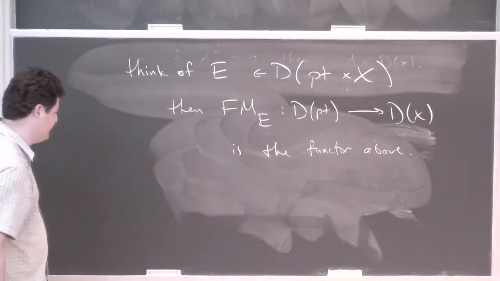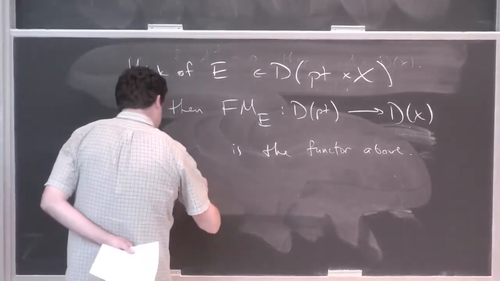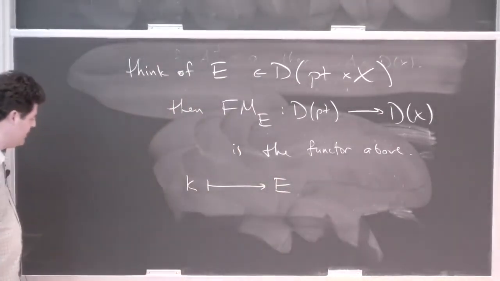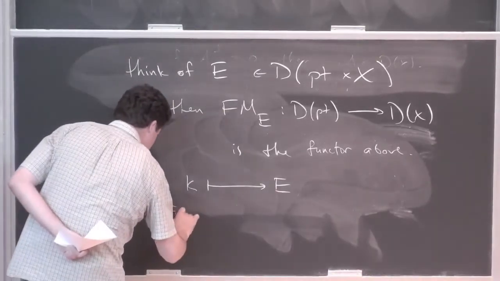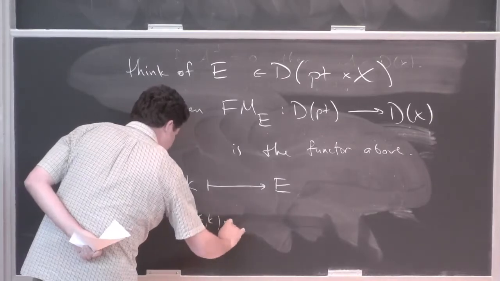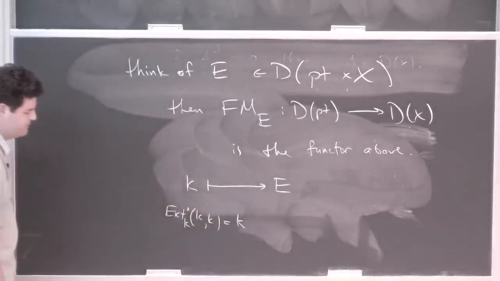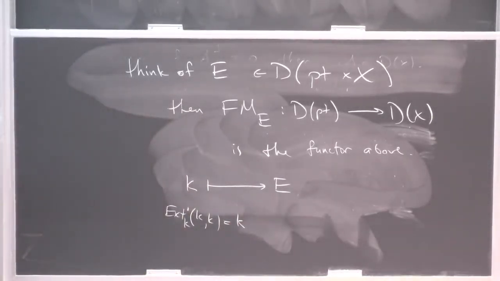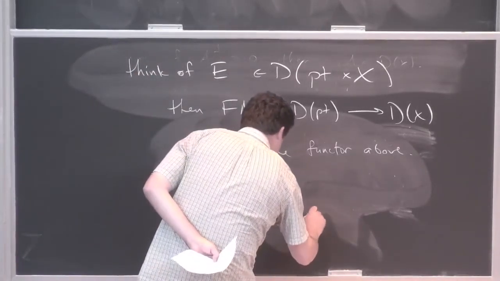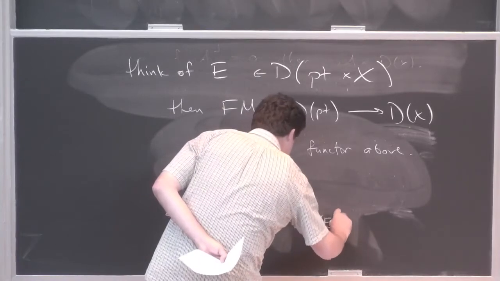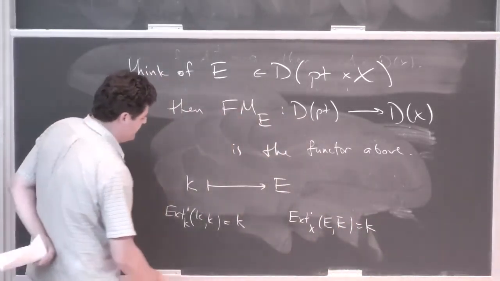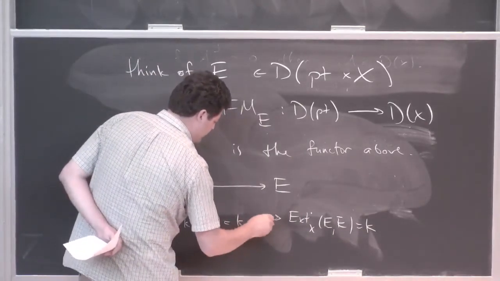So K goes to E. The Ext algebra here of K with itself is just K. That's maybe the silliest thing you could say. And the Ext algebra on X of E with itself is K because it's an exceptional object. And this map is an isomorphism.